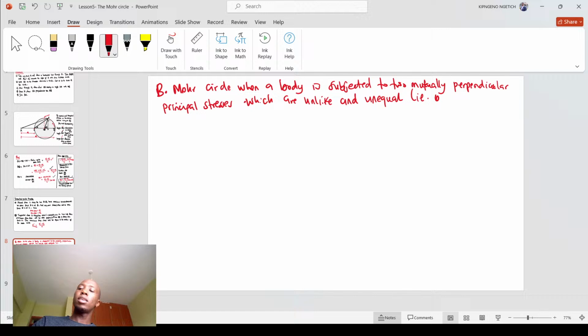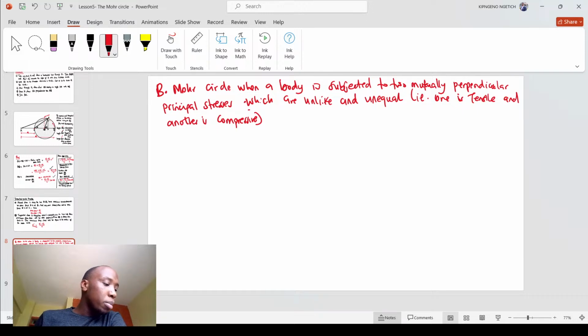That is, one is tensile and another is compressive. Very good.